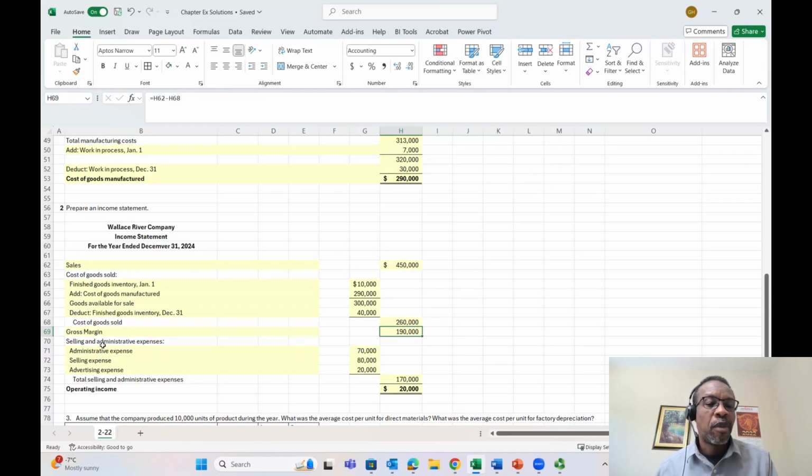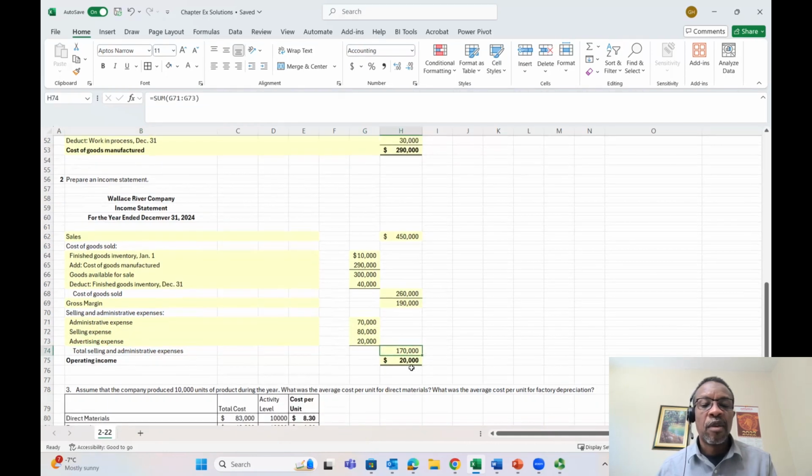So remember what those are. All these are considered to be period costs, right? So these period costs, and there are selling and admin expenses like administrative expenses, selling expenses, and advertising expenses. So all three of them are now deducted, and now we arrived at our operating profit.